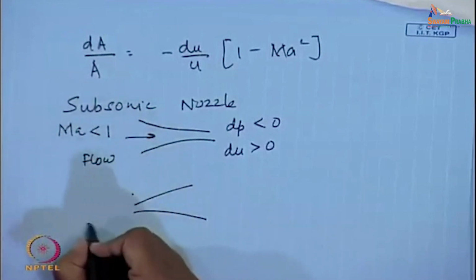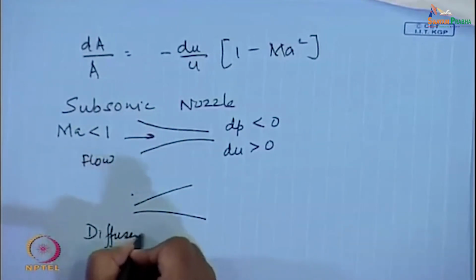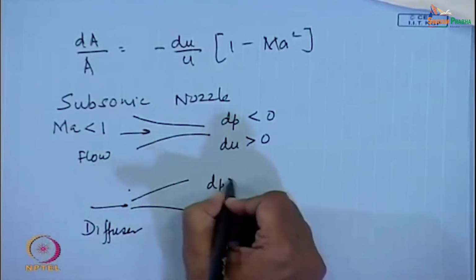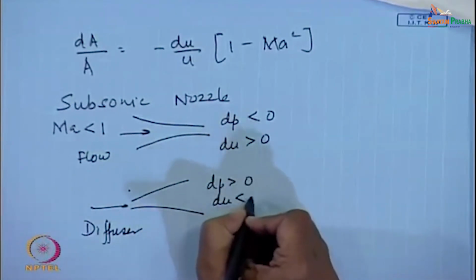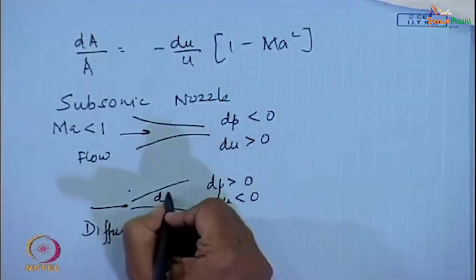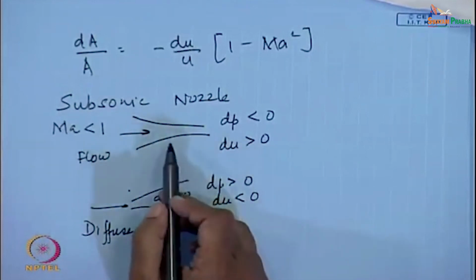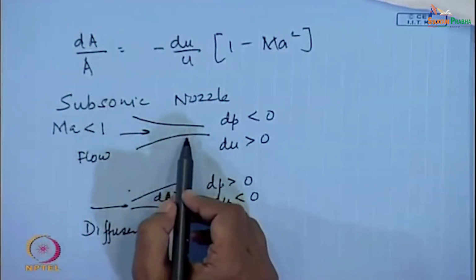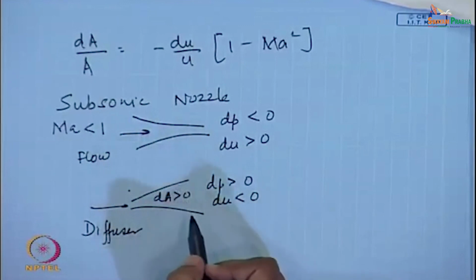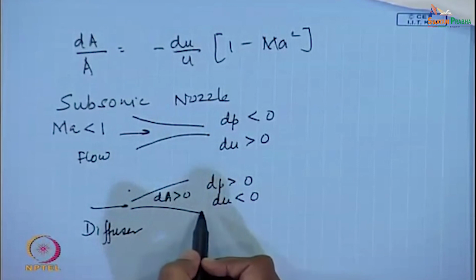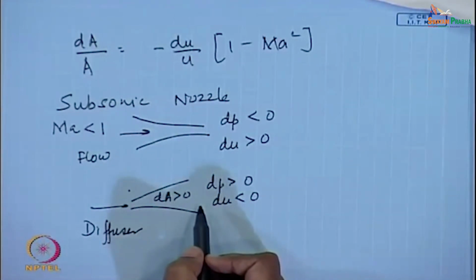So, this is a nozzle and this is a diffuser. Again the flow is in this direction. In this case, we get dP greater than 0, du less than 0, dA greater than 0. Agreed? So, a nozzle is a convergent profile, a diffuser is a divergent profile. This accelerates flow, this decelerates flow, just the same way as we had studied for incompressible cases.